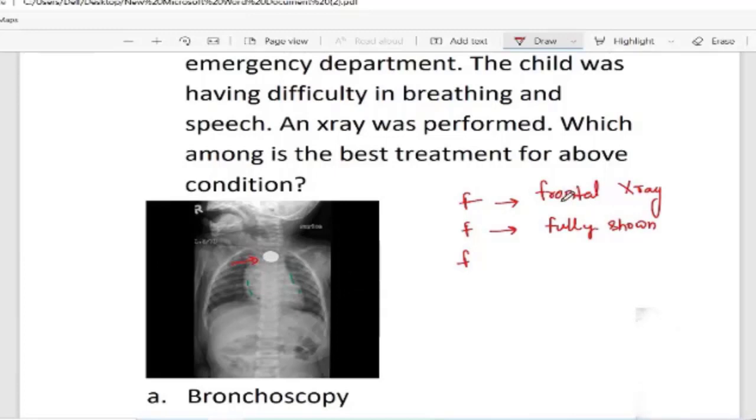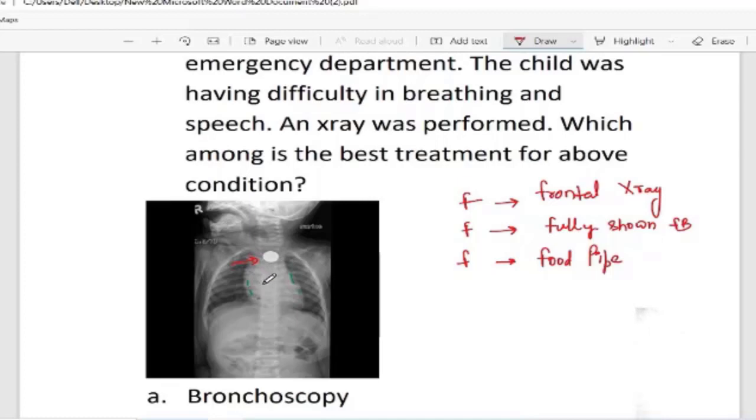So if the X-ray is frontal and the image shown is full, that means the foreign body is in the food pipe. So what do we mean by FFF? F stands for X-ray from the frontal view, and the image shown is the full picture. That means if from the frontal view a full circle is coming, the foreign body, whether coin or particle, is in the food pipe. Just remember this trick, FFF.